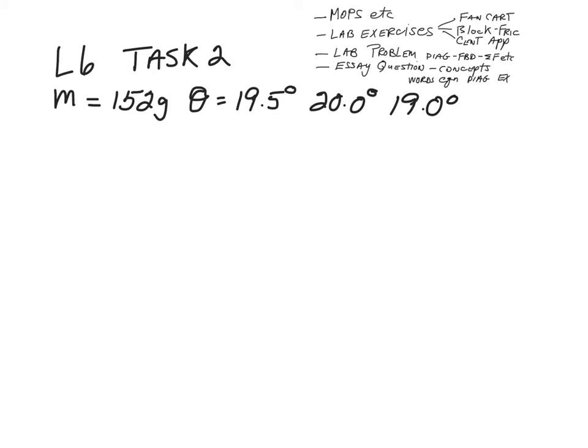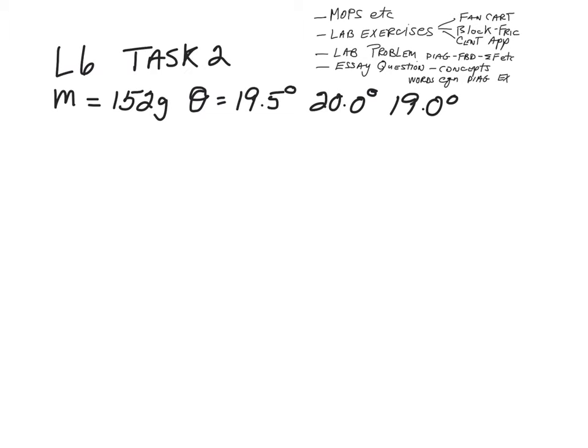Let's look at Lab 6, Task 2. Remember, you tipped the track until the block would slide down at a constant speed, and you might have had to get different readings at different places on the track.